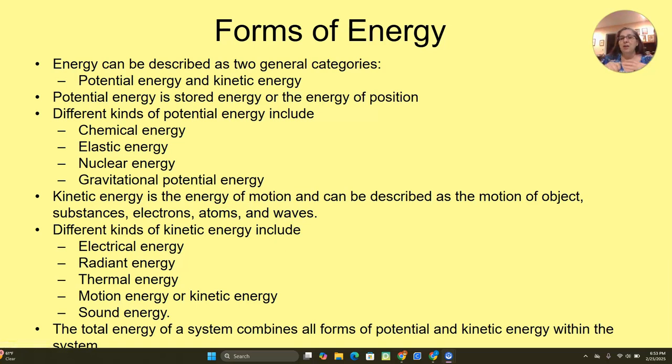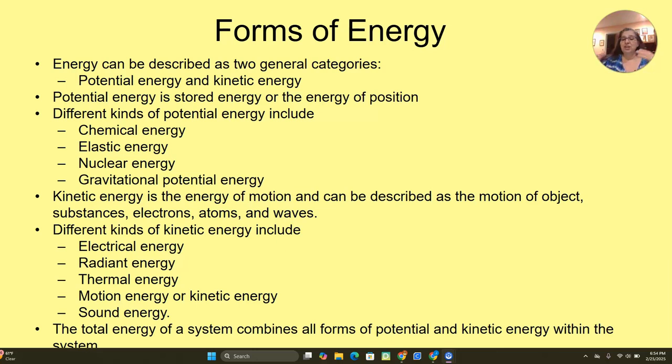Now, when we're talking about all these different types of energy, any one particular object can have a bunch of different types of energy. It can have certain types of potential energy and certain types of kinetic energy. If we look at an object or collection of objects as a system, so let's say I've got my cold water bottle sitting on the table on the hot day, the water bottle and the air around it can be described as a system.